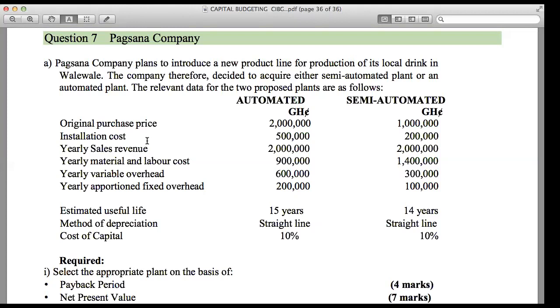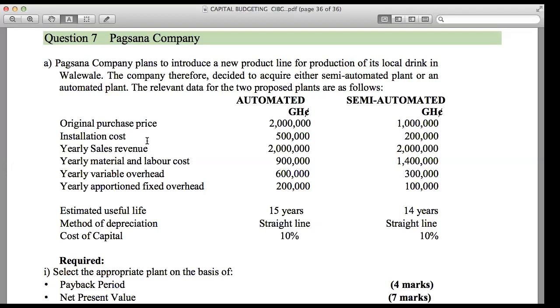900,000. Then we move on to yearly variable overheads. The variable overhead is 600 and 300.